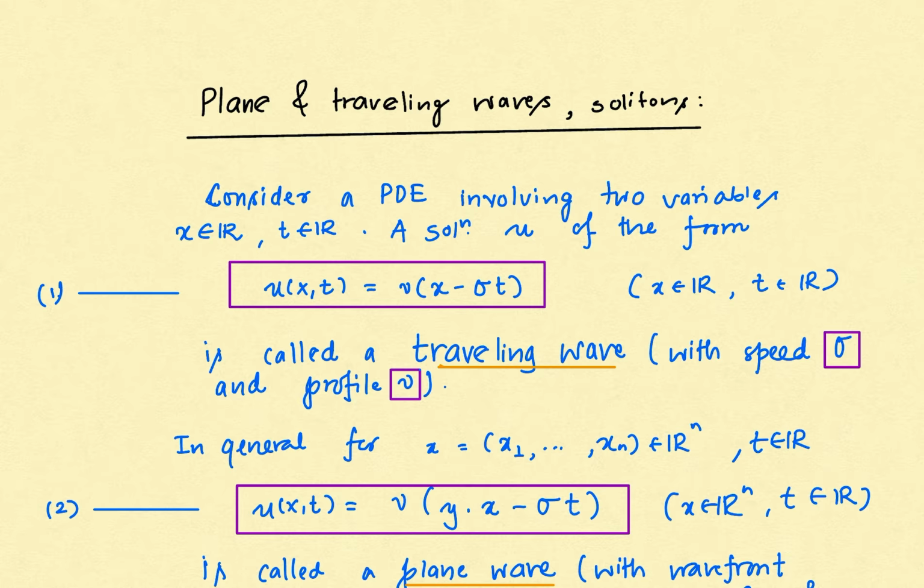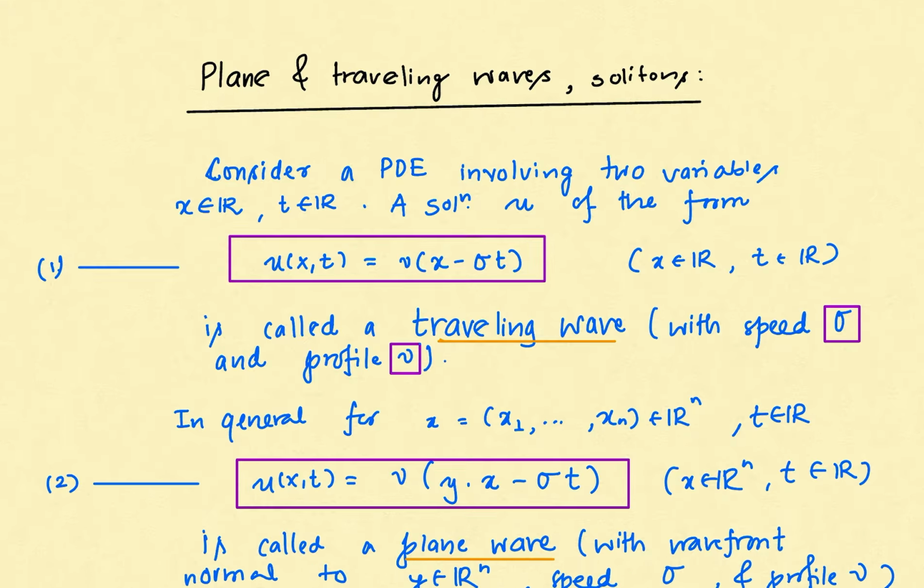Here x and t are again real numbers. So in general, if we have the tuple x with components x1 up to xn, the solution u can be written in vector form, v of y dot x minus sigma t, where y dot x is the scalar product of y and x, with the velocity profile here.